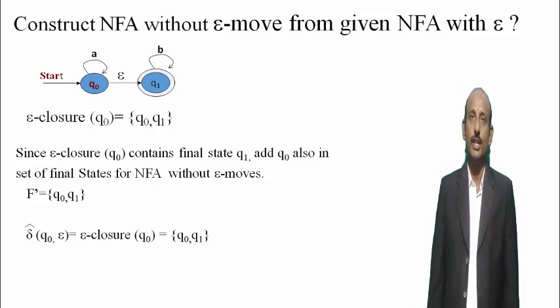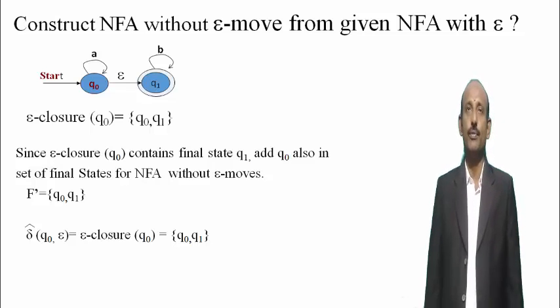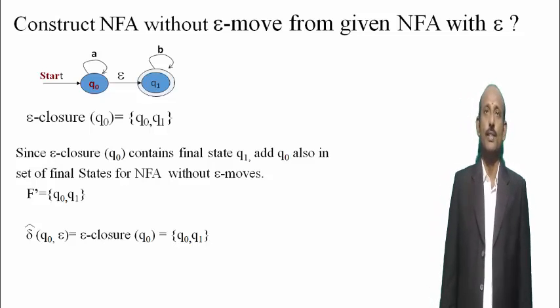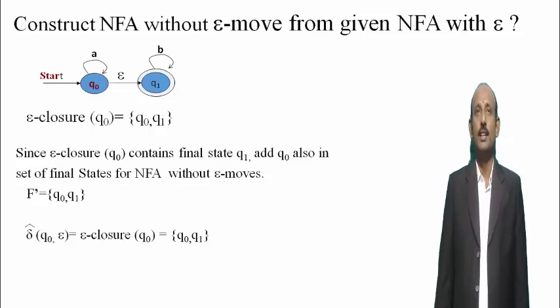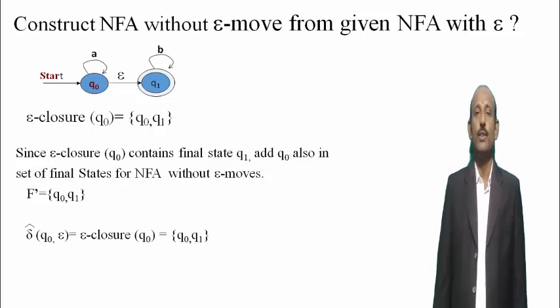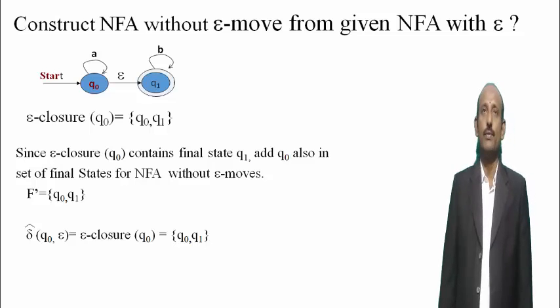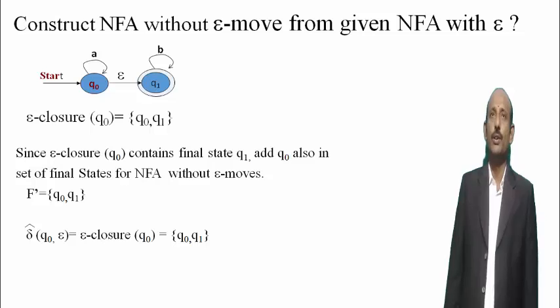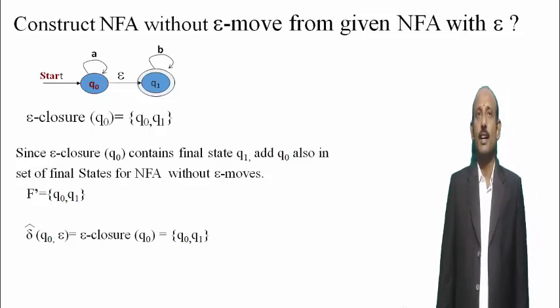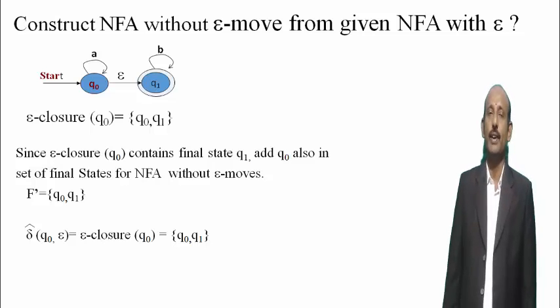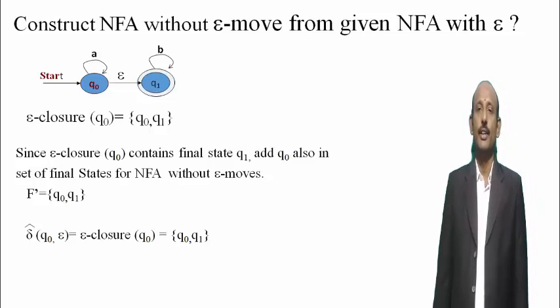So now let's go for finding the epsilon closure of Q0. First we have to include Q0 in the epsilon closure of Q0, then the transition from Q0 to Q1, so we include Q1. So the epsilon closure of Q0 is Q0, Q1.